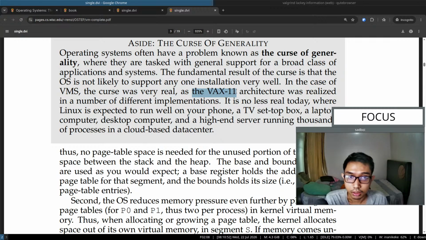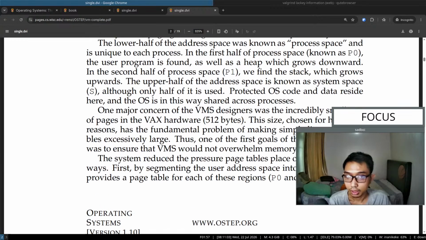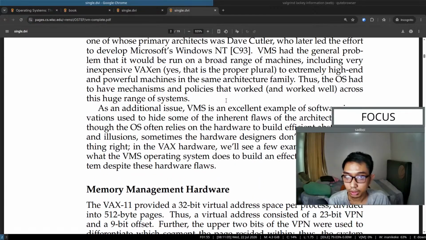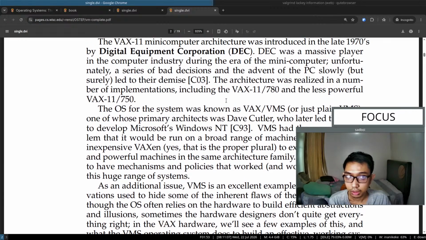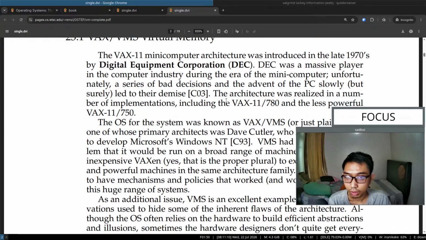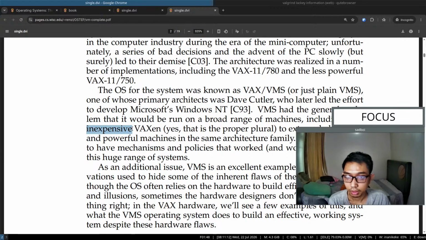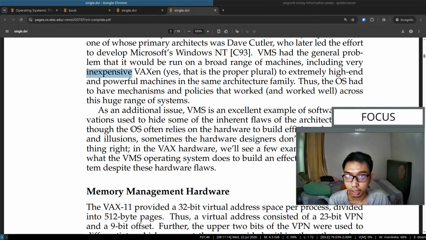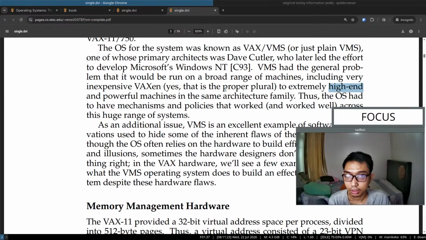As the VAX-11 architecture was realized in a number of different implementations, right? From the inexpensive, low-end model to the high-end model of the machine.